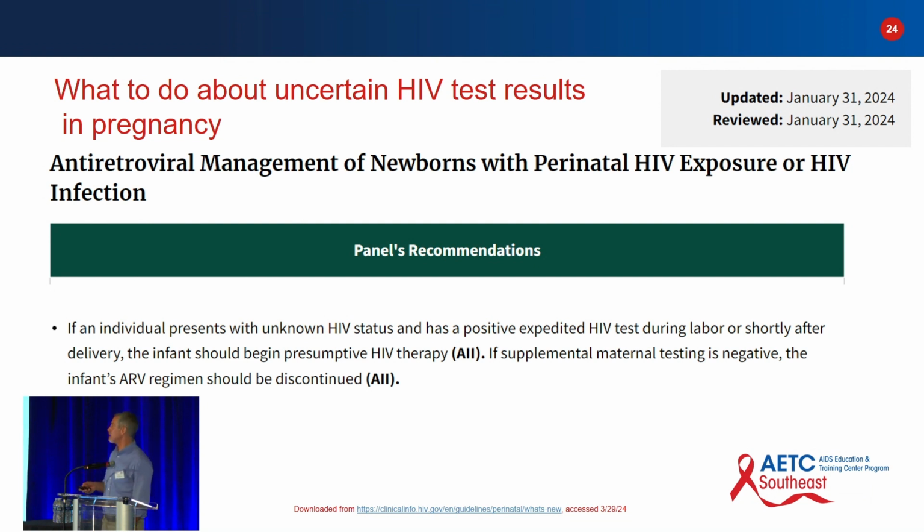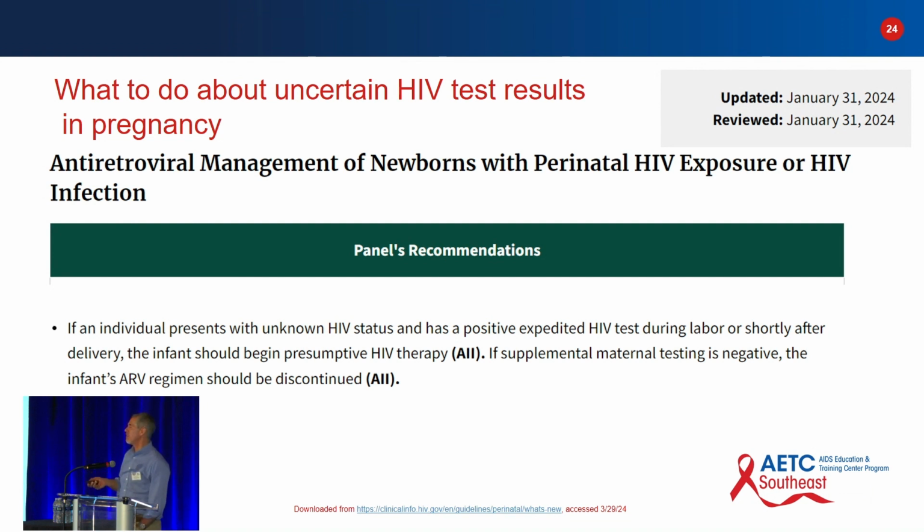They actually recommend a very conservative approach. The scenario that they describe here is a little bit different than the scenario we've described in this case. They're talking mostly about people who present to labor and delivery without any prior HIV testing and then have a positive rapid test in labor and delivery.